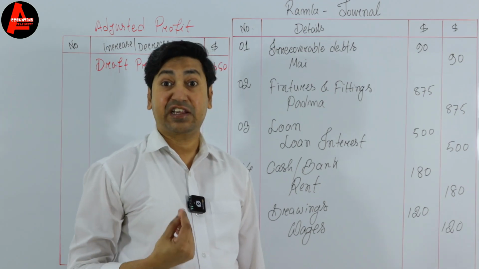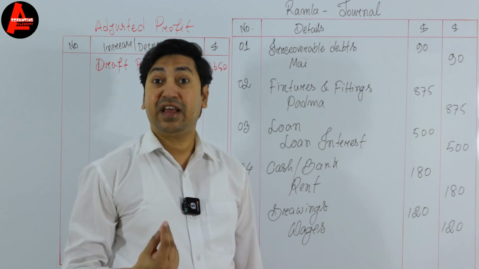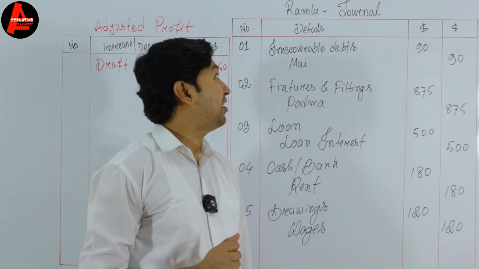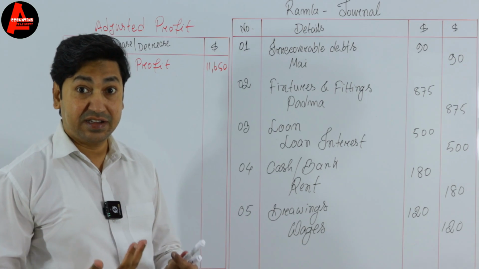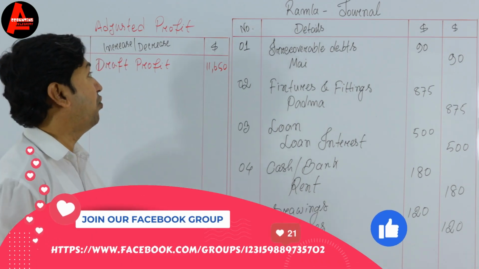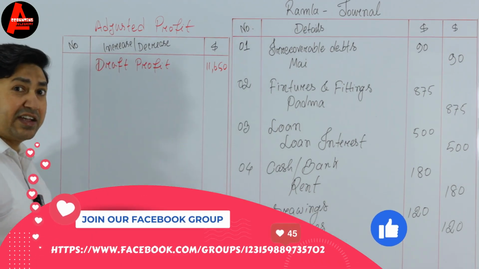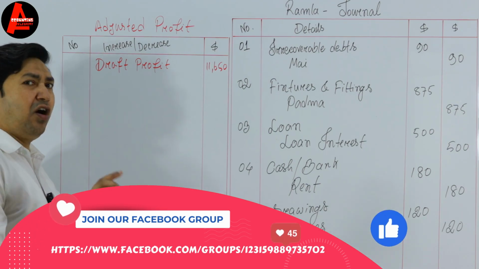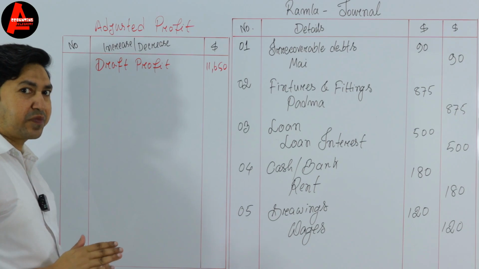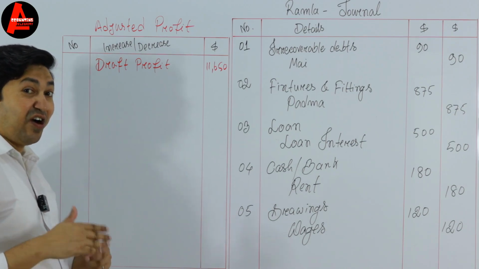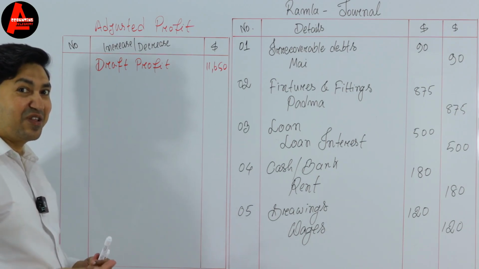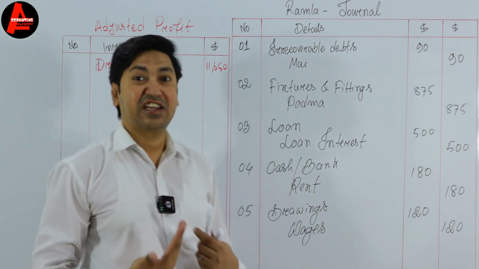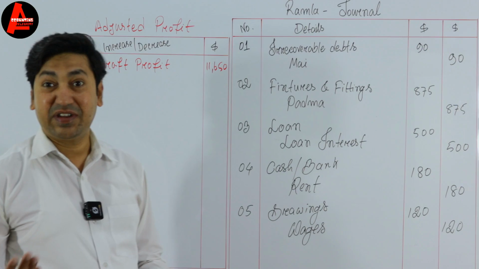When an expense is credited, it means expense decreased. Don't forget. Now when expense increases, what will be the impact on the profit? Profit increase or decrease? Well, it decreases. So expense increase means profit decrease.